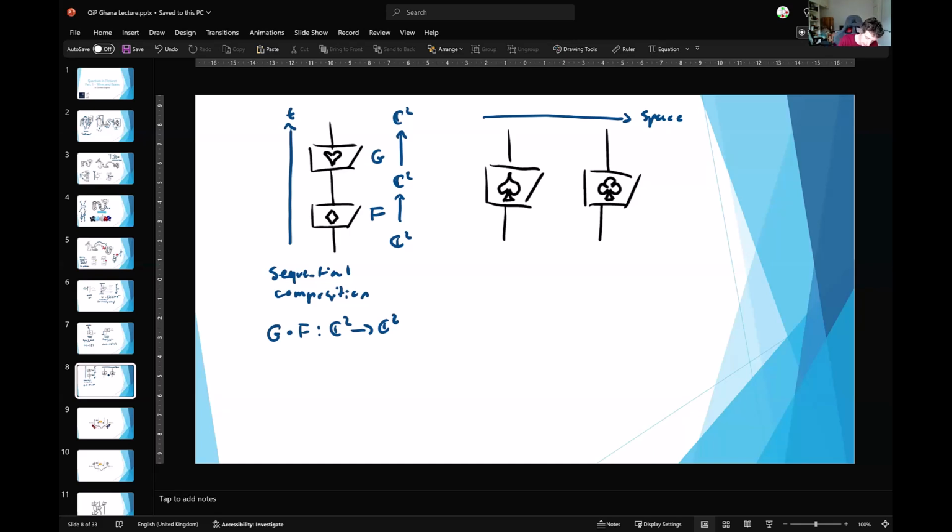And the idea is that if you have two of these boxes and each of them corresponds to a linear map, again, let's say F from a qubit to a qubit, and G from a qubit to a qubit, then this operation corresponds to applying each of them to one qubit. Qubit on the left flows in, qubit on the right flows in. They get transformed separately from each other, and then they come out in parallel.